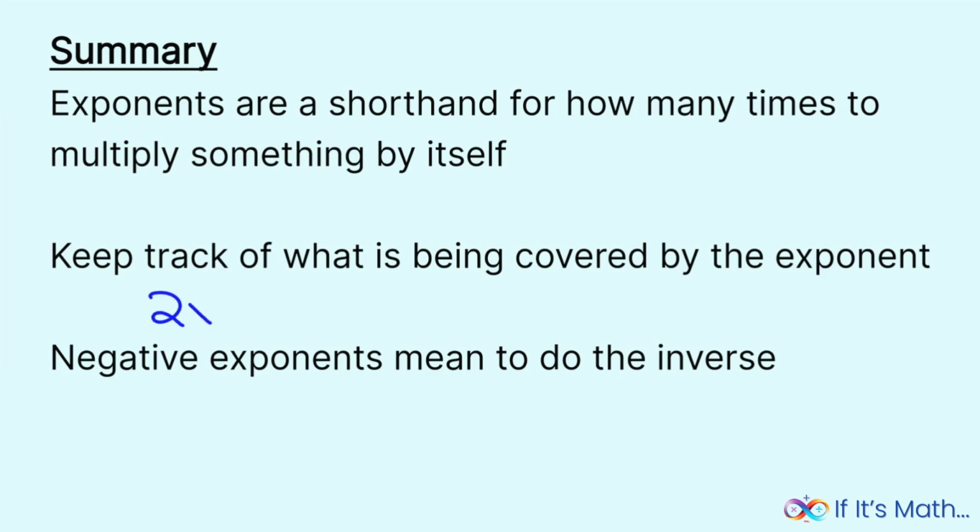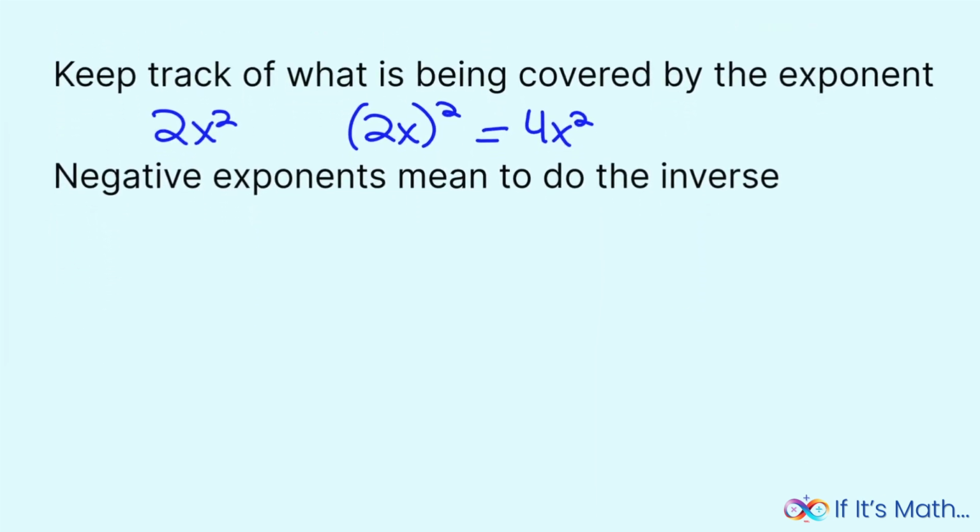So 2x squared is very different from (2x) squared, because 2x raised to the second power is 4x squared, right? Because you had the 2 inside that exponent.